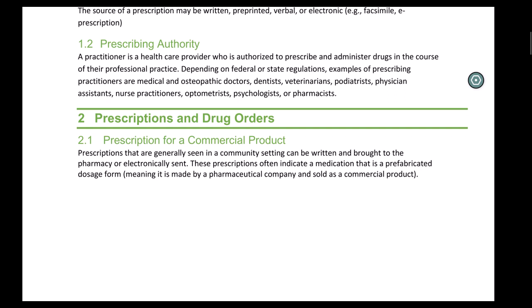But in a community setting, if you do get a prescription for a patient, oftentimes it's a prefabricated dosage form, which is just a fancy way of saying that the product is already commercially made by a drug company or a manufacturer, and you are dispensing that or repackaging that and dispensing that to a patient on the order of a prescription. So those are the commercial products we call prefabricated dosage forms.